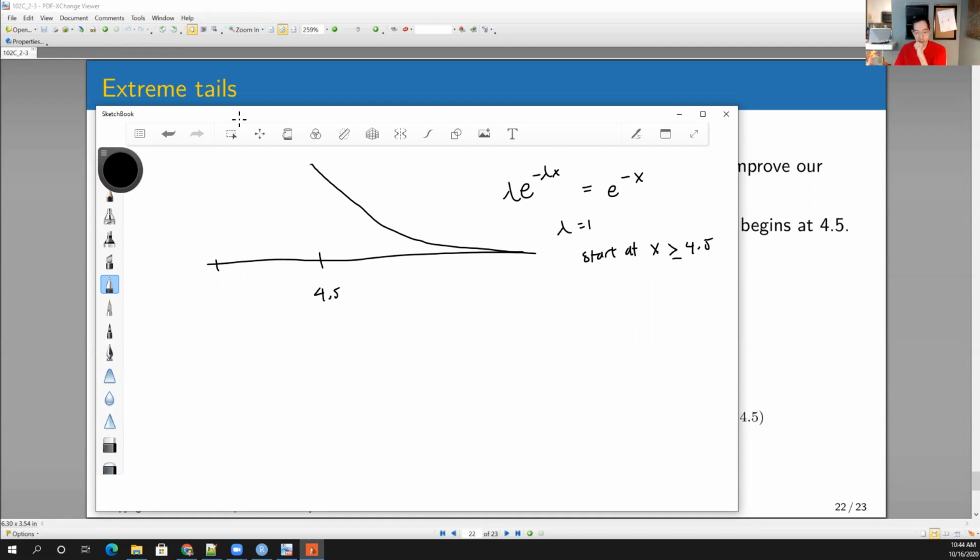So what's the PDF of this thing? Basically I'm just shifting everything by 4.5, so it's e to the negative (x minus 4.5).